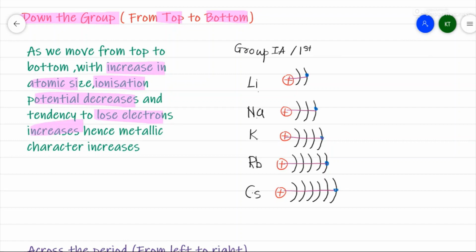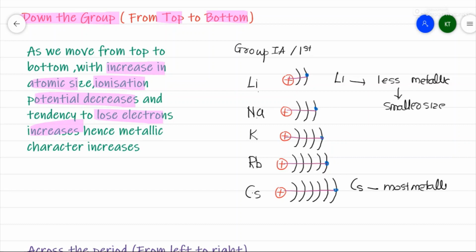So as a result of this, my tendency to lose electron will increase. So here lithium will be less metallic in the first A group because of smaller size, and cesium will be the most metallic element in the first A group as well as in the periodic table also, because cesium has got the largest atomic radius in the modern periodic table.